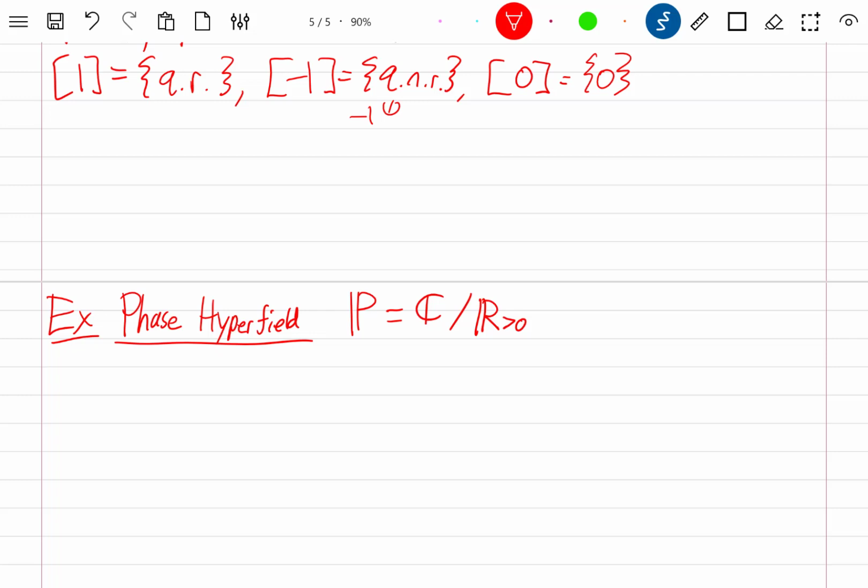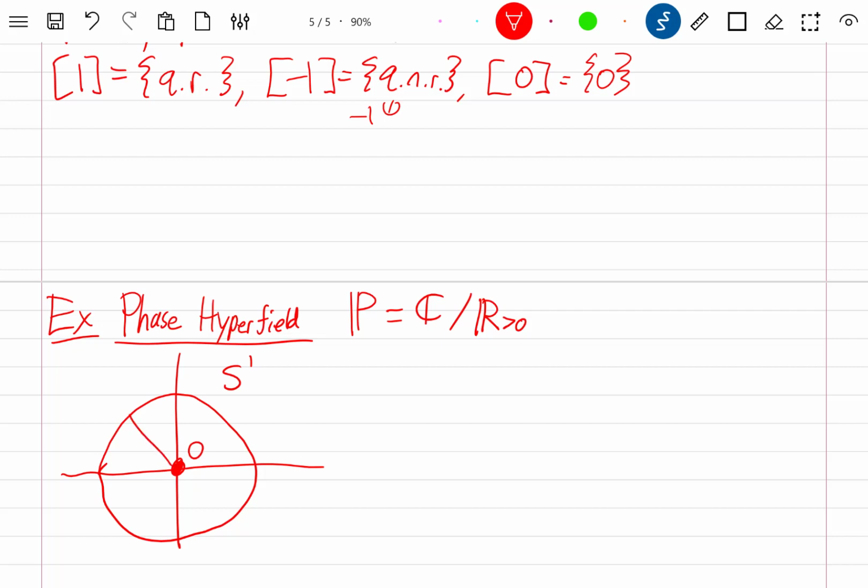The way I like to picture this is if we think of the complex numbers as the complex plane, we have 0. So this is our 0. And then we also have our unit circle S1. It's called the phase hyperfield because the phase is the angle.